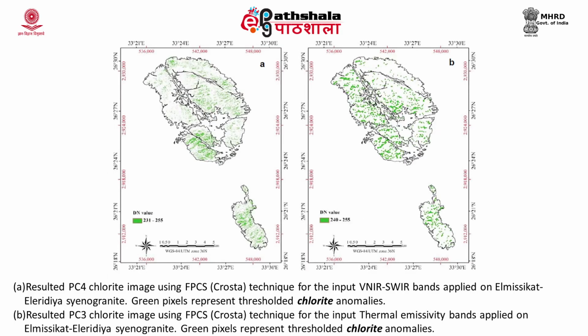If you look at this image, the green color DN value shows the chlorite anomaly, both in the visible near infrared and short wave infrared bands as well as in the thermal emissivity band, and you can find out those anomalies.